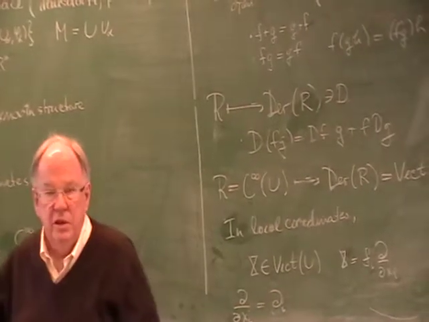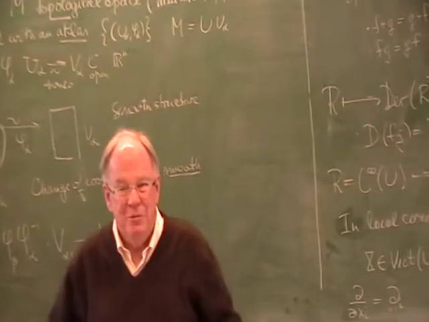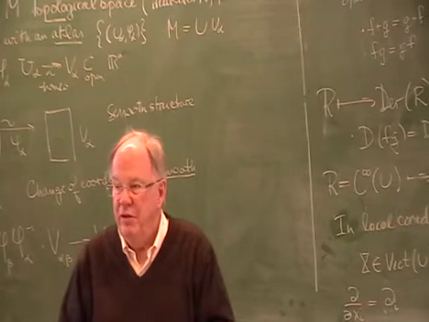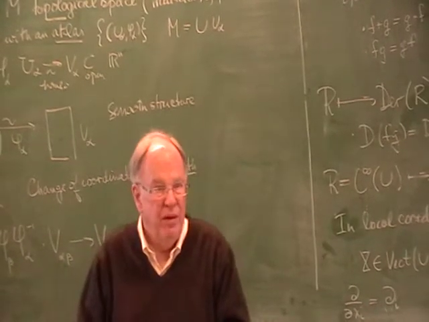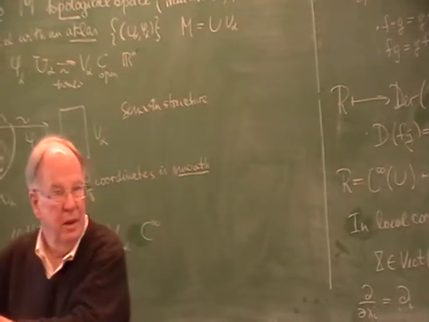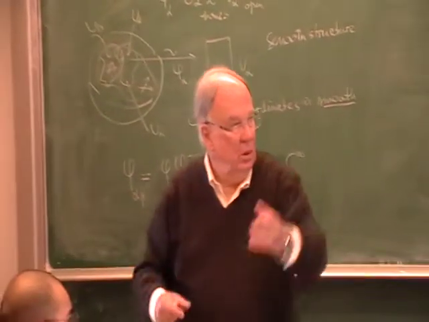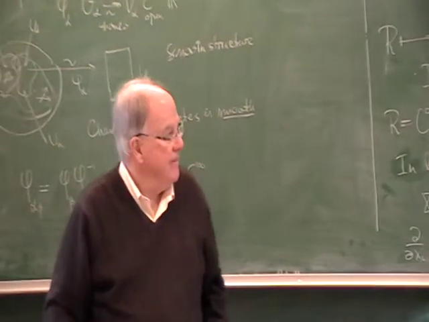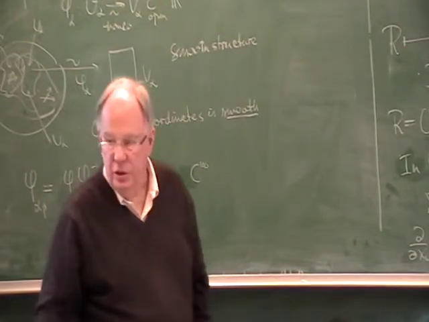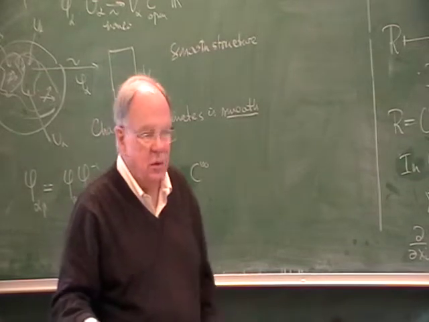So a vector bundle is a union of vector spaces, which can be framed. That means over some open sets, you have a frame, and you have the smooth mapping to U cross Rn. Okay? You okay?